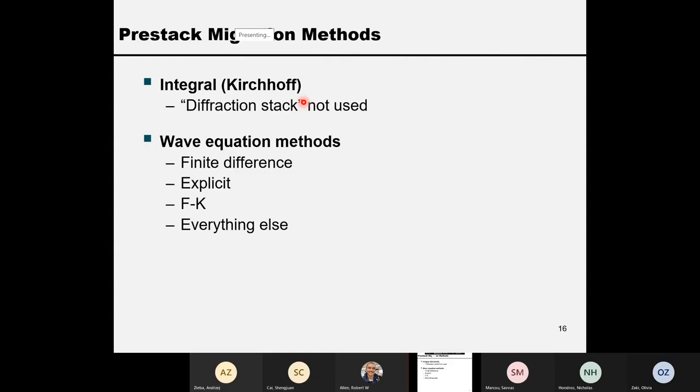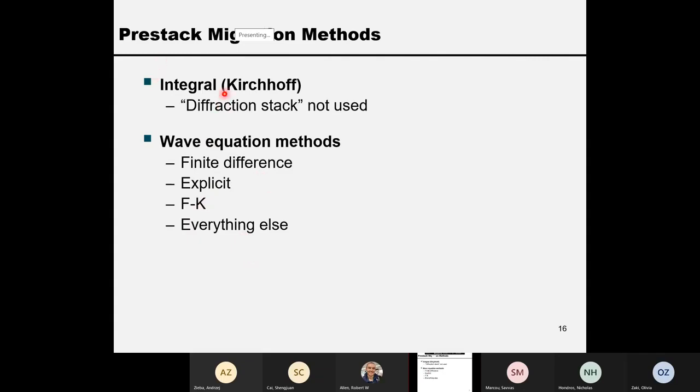Because for pre-stack, we consider all the complicated elements, for example the dipping, for example the azimuthal, so it's not a straightforward diffraction. That's why. Apart from that, everything else is the same.